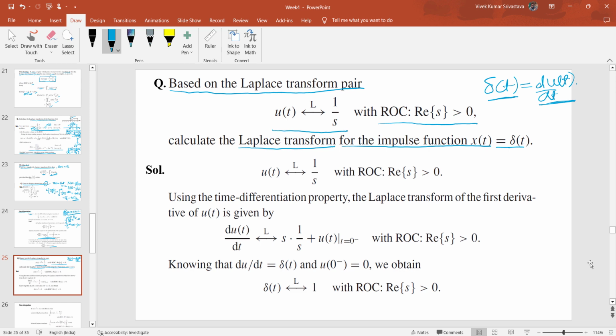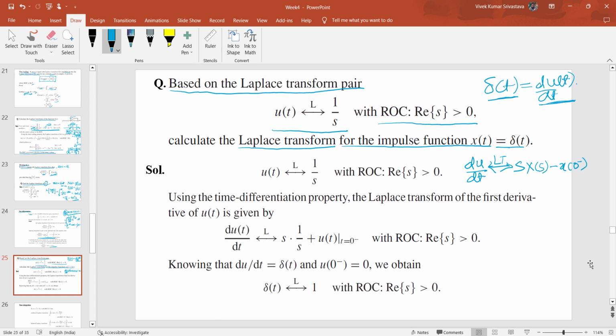So as we know that the Laplace transform of du by dt is defined as s X(s) minus x(0 minus).